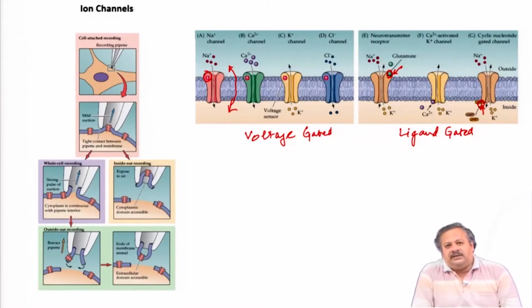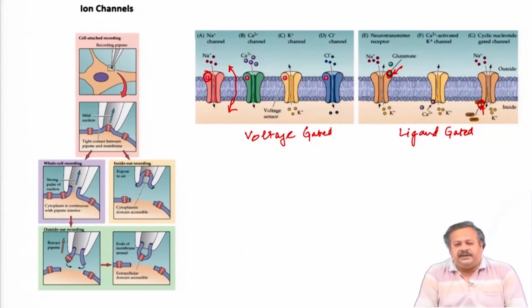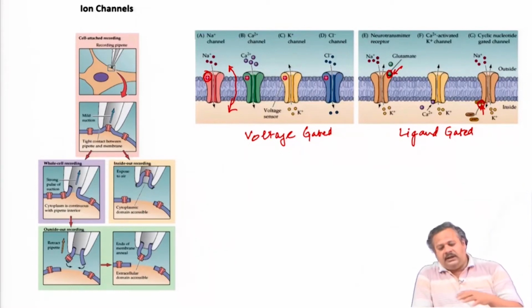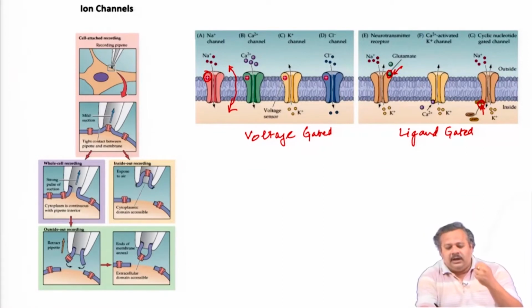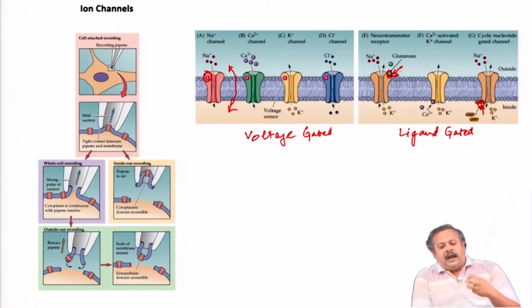They have a binding site for the neurotransmitter itself, and this neurotransmitter, when released in the synaptic cleft onto the postsynaptic side, goes and binds to the binding site of the receptor. The binding process itself provides a conformational change that opens up the receptor, and that itself is an ion channel.